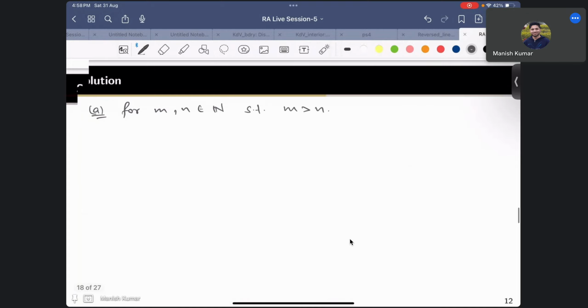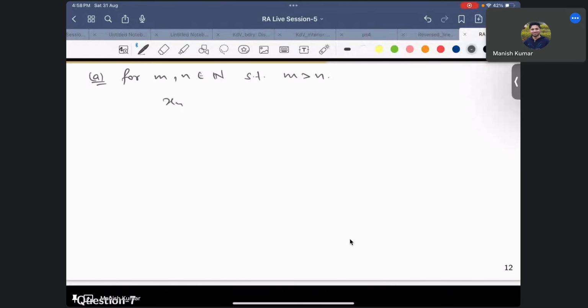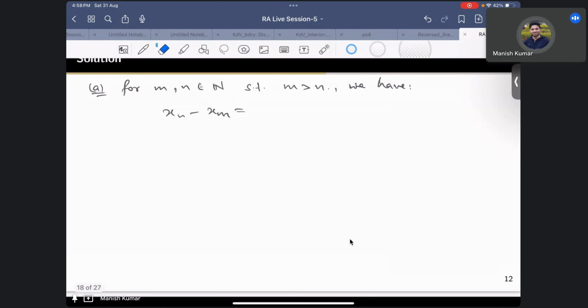We have xm minus xn. Since I am choosing m greater than n, xm will have more terms and xn will have fewer terms, and all those xn terms will be cancelled by xm.